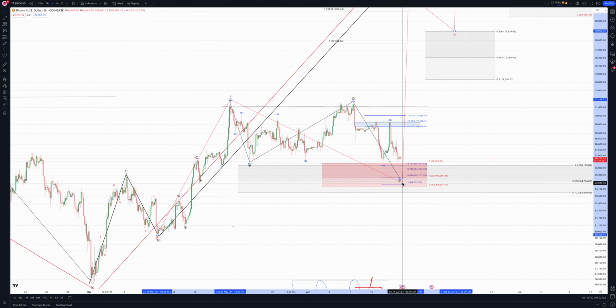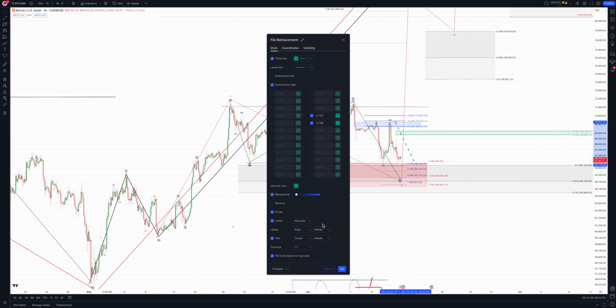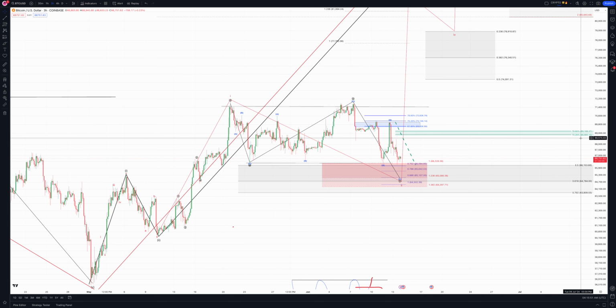Okay, so this is what I would expect for Bitcoin going forward if we cannot reclaim 68,860. If we cannot reclaim this level, which is the 70.2% fib and the 78.6% fib, then it's likely we'll continue our way down just for a little bit of a larger sweep.